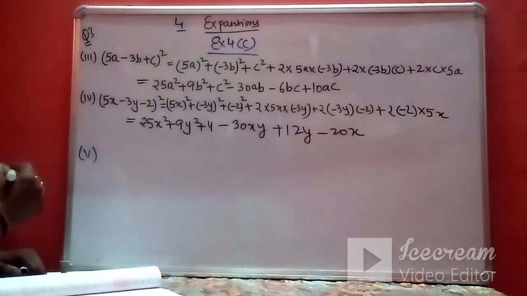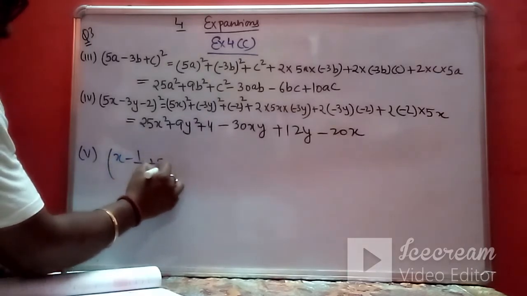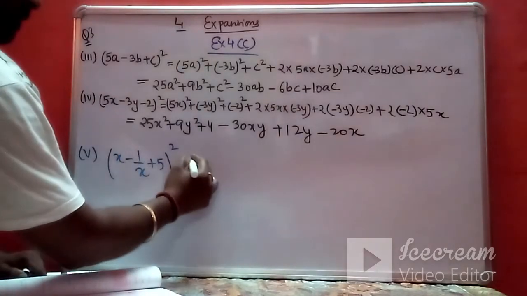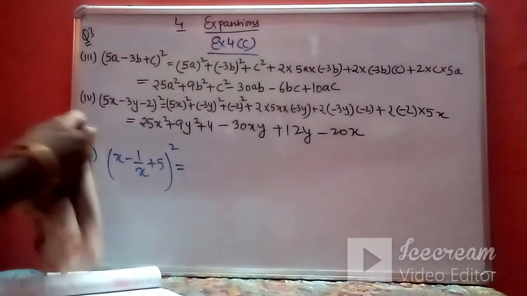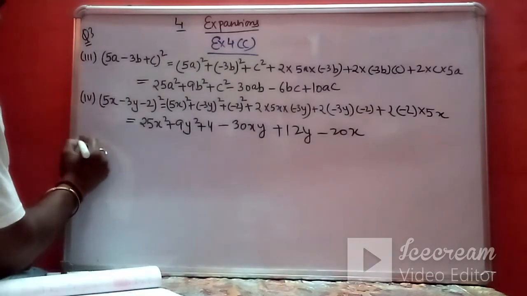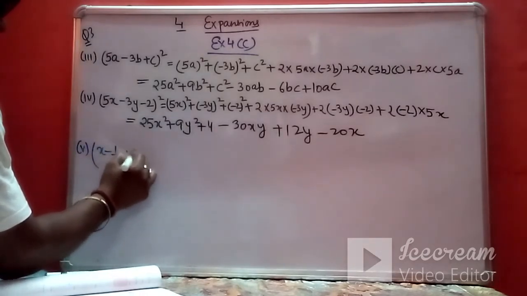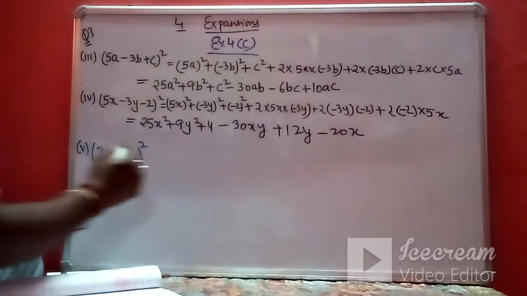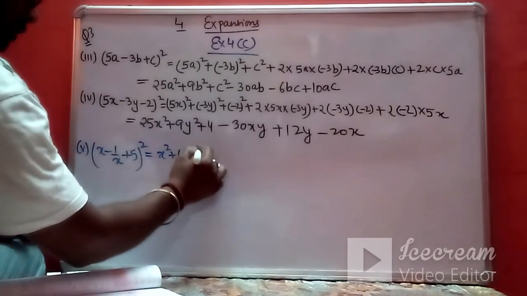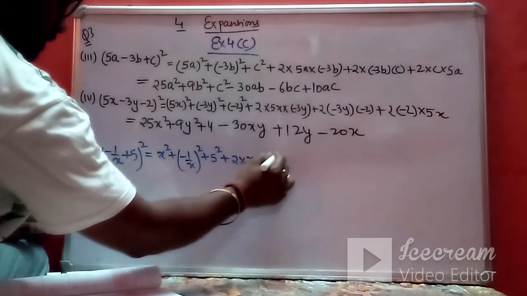Okay, see one more part. (x - 1/x + 5) whole square. So again it is a square plus b square plus c square, 2a into b along with the sign.